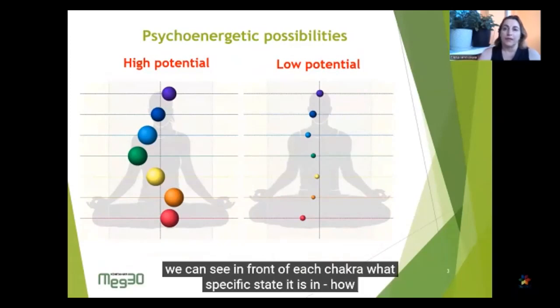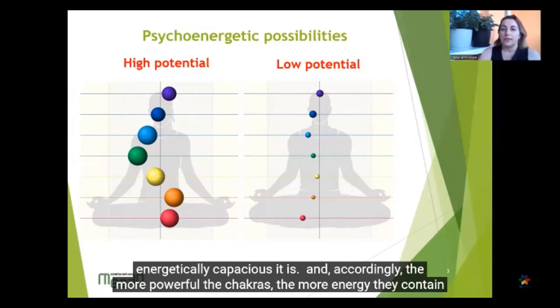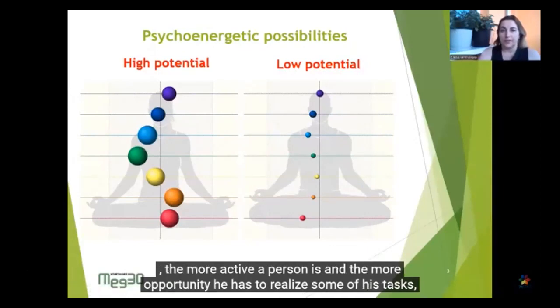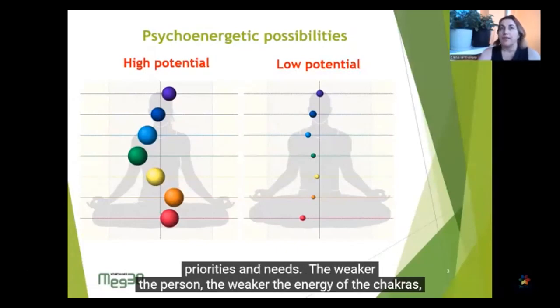We can see in front of each chakra what specific state it is in now, how big the energetic capacity is now. And accordingly, the more powerful the chakra, the more energy it contains. The more active the person is, the more opportunity he has to realize some of his tasks, priorities, or needs.